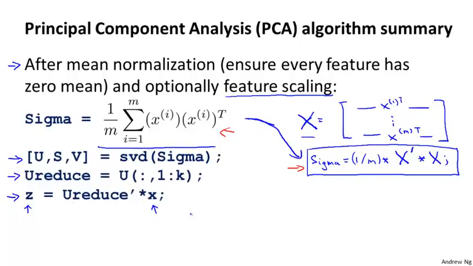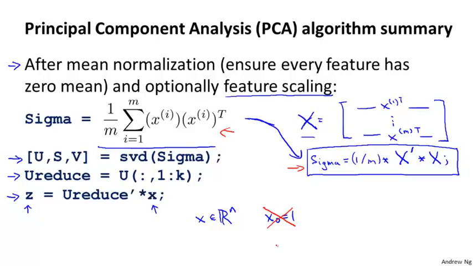And similar to k-means, if you're applying PCA, the way you'd apply this is with vectors X in Rn, right? So this is not done with the x0 equals 1 convention. So that was the PCA algorithm. One thing I didn't do was give a mathematical proof that this procedure actually gives the projection of the data onto the k-dimensional subspace, onto a k-dimensional surface that actually minimizes the squared projection error.